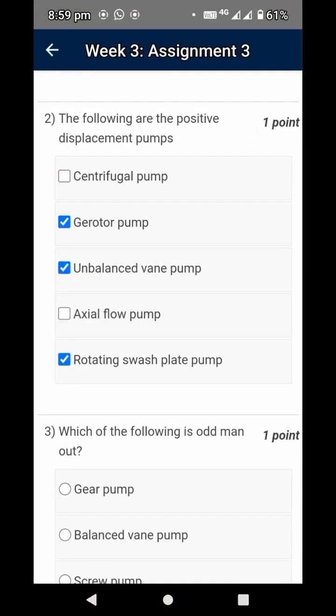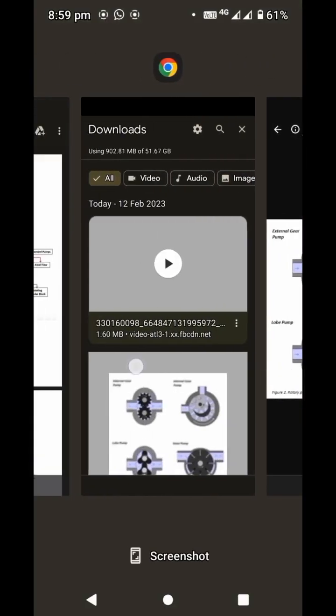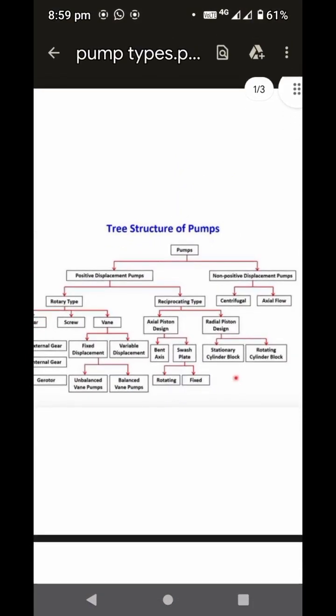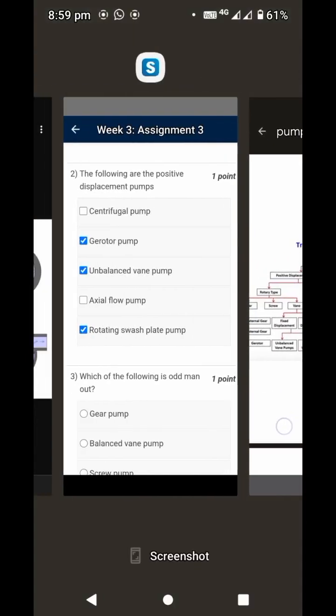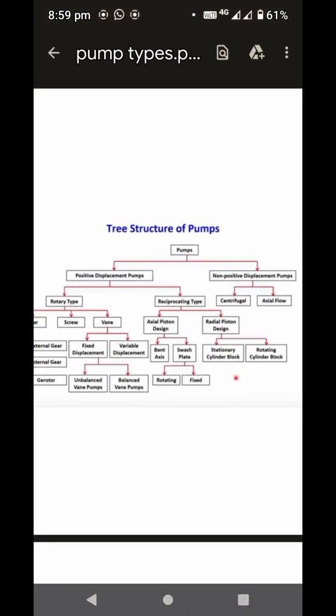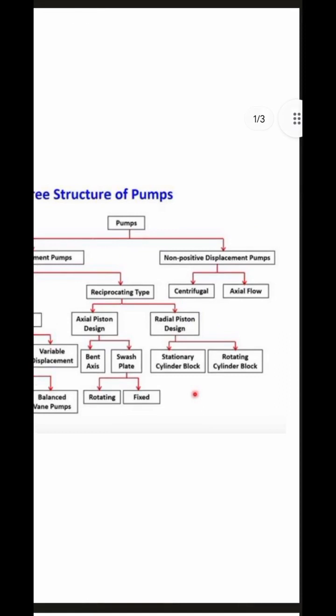Now question number 2. The following are the positive displacement pumps. Before seeing the options, we have to see the tree diagram, the tree structure of pumps. The question is asking for positive displacement pumps. Check out the options for non-positive displacement pumps: centrifugal and axial flow.